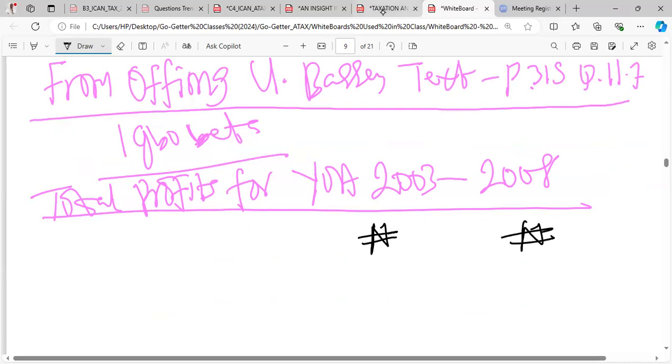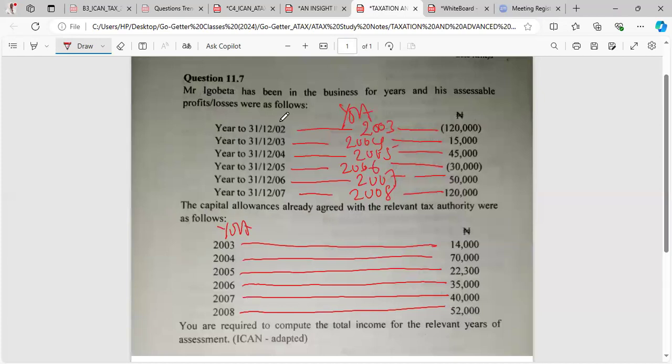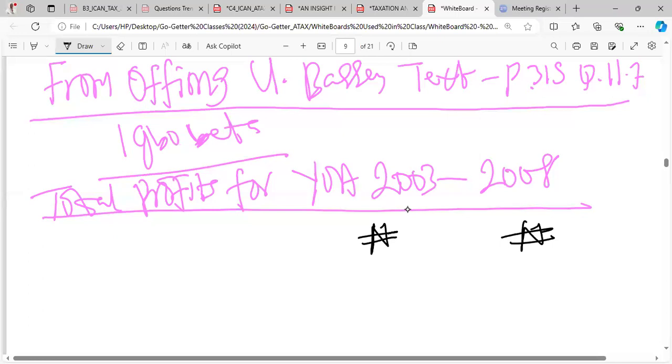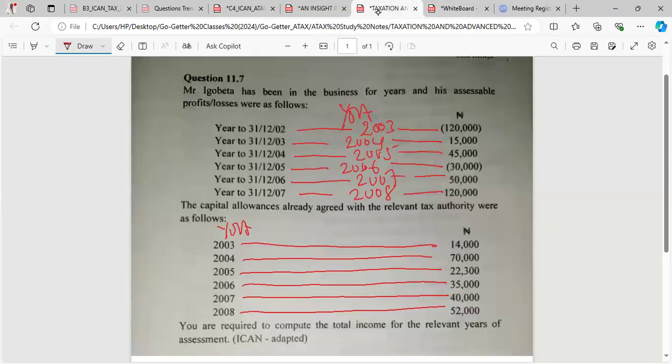All right. So this is December ending. So the first one here is year of assessment 2003. Of course, this is from January 1, 2002 to December 31st, 2002. So we have accessible loss 120.